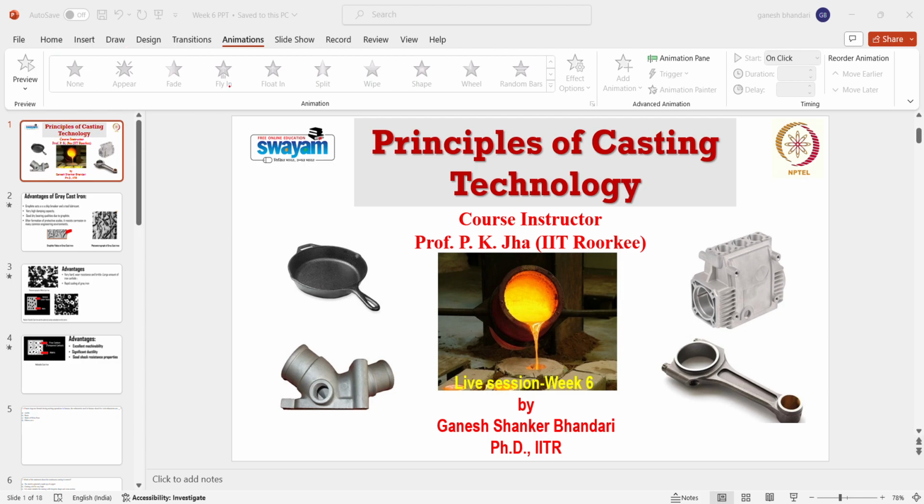Then coming to the second one, the structure of white cast iron consists of massive carbide and pearlite. So carbide is basically your Fe3C, and pearlite is a structure that consists of Fe3C and Fe layers.